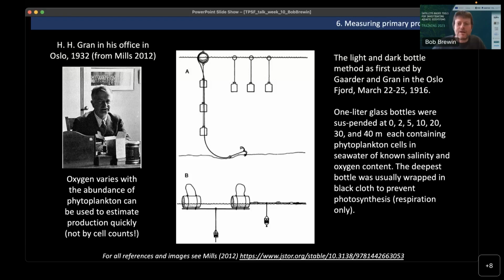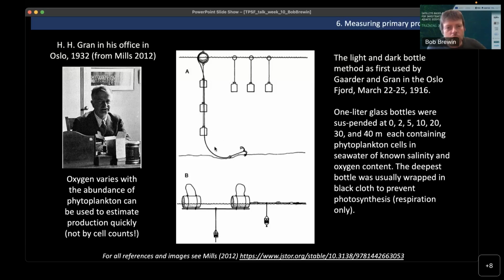But one of the interesting methods developed, I think, back in the 1930s was by H.H. Gran, a Norwegian scientist, I believe, who made use of the fact that oxygen varies with the abundance of phytoplankton, oxygen being a product of the process of photosynthesis, and so can be used to get quite a quick bulk index of primary production. And so he developed this light and dark bottle method, whereby you would suspend bottles at various depths.